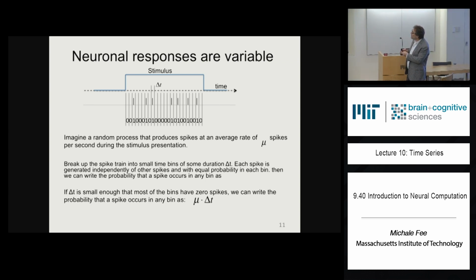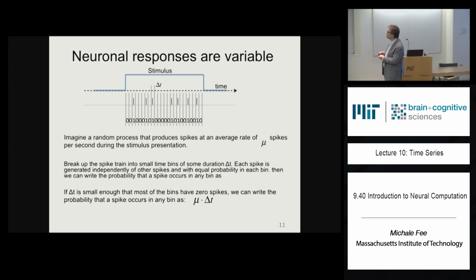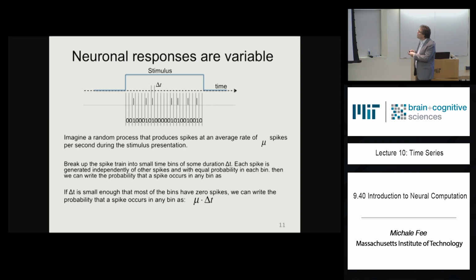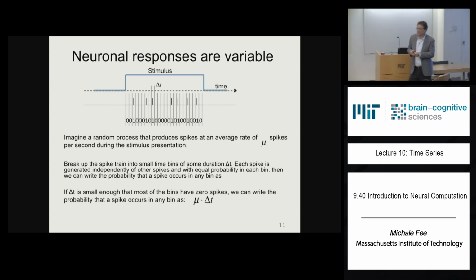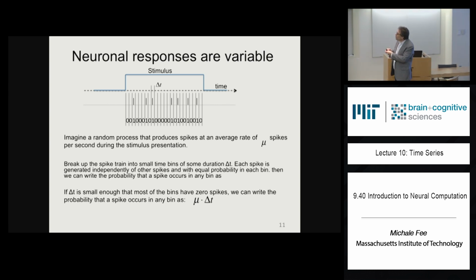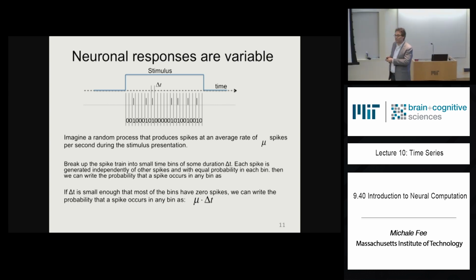So let's break that time window up during the presentation of the stimulus into little tiny bins delta t, okay? Now, if these spikes occur randomly, then they're generated independently of any other spikes with an equal probability in each bin, okay?